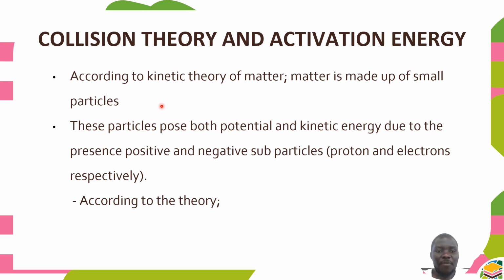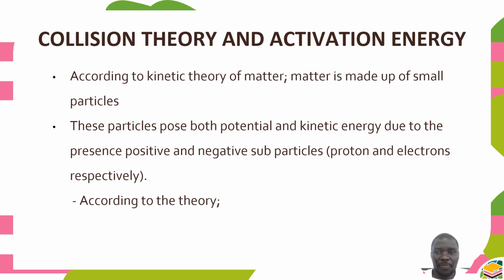So since they have oppositely charged subatomic particles, this one developed kinetic as well as potential energy. When we look at potential energy, it's the stored energy in a particle or a substance, while kinetic energy is the energy of movement.